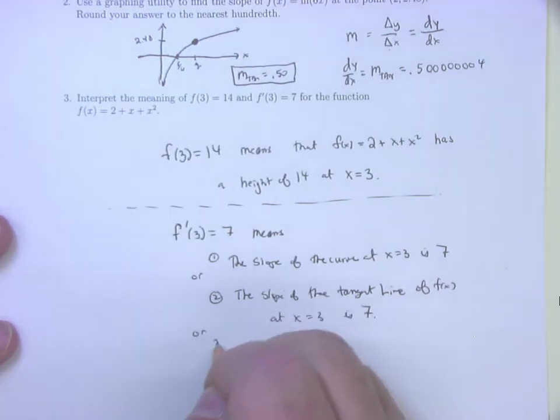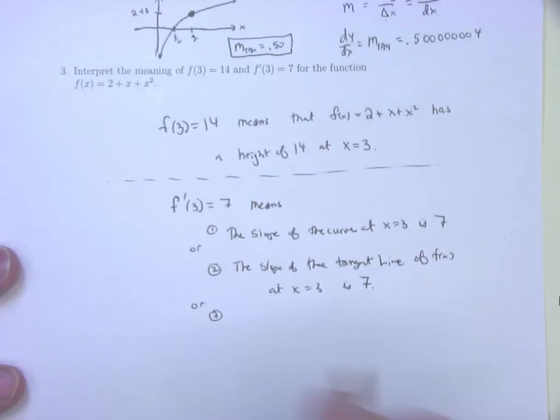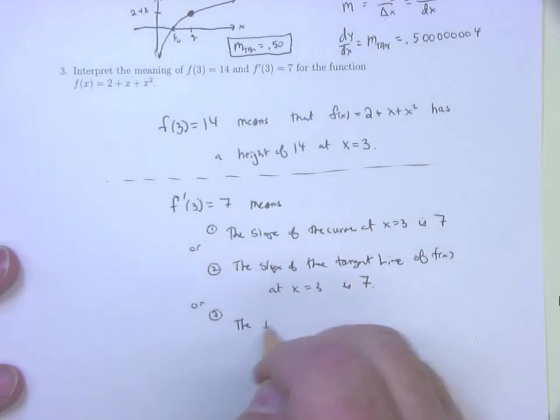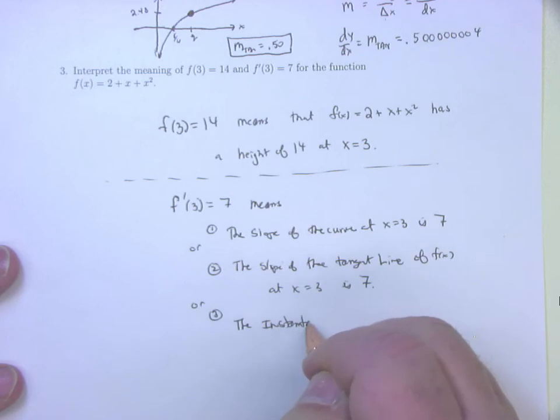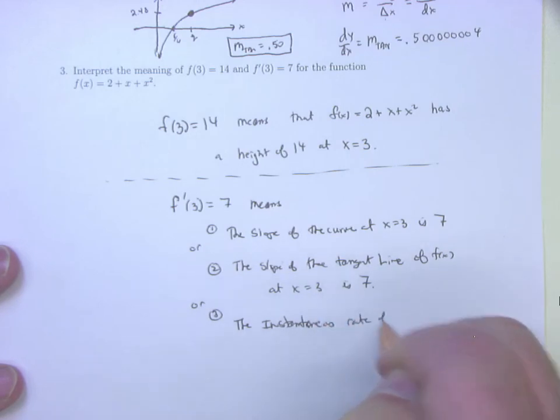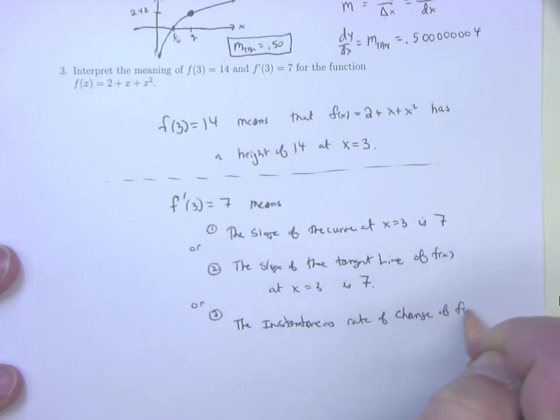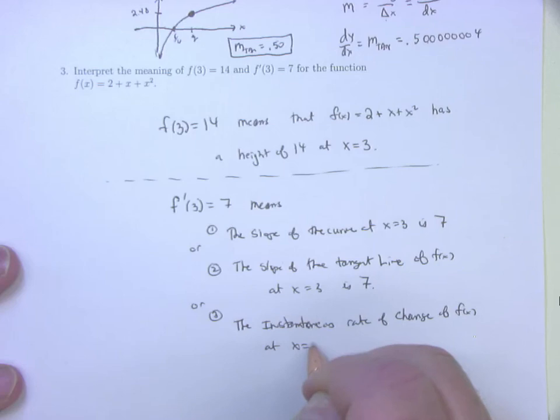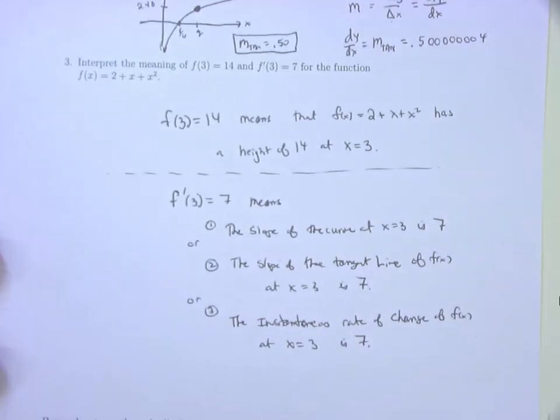Or number 3, the instantaneous rate of change of f of x at x equals 3 is 7. And there'll be some more concepts of this. The derivative of f of x at x equals 3 is 7. That'll be next section. Okay?